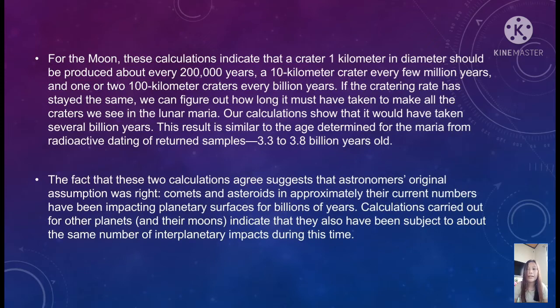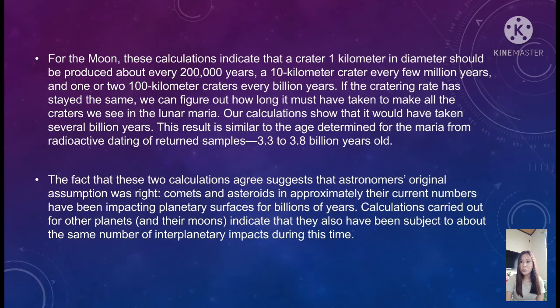If the cratering rate has stayed the same, we can figure out how long it must have taken to make all the craters we see in the lunar Maria. Our calculations show that it would have taken several billion years, and this result is similar to the age determined for the Maria from dating of returned samples, 3.3 to 3.8 billion years old.